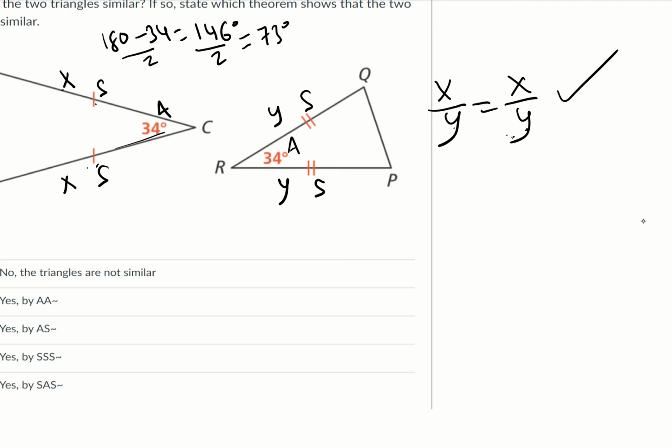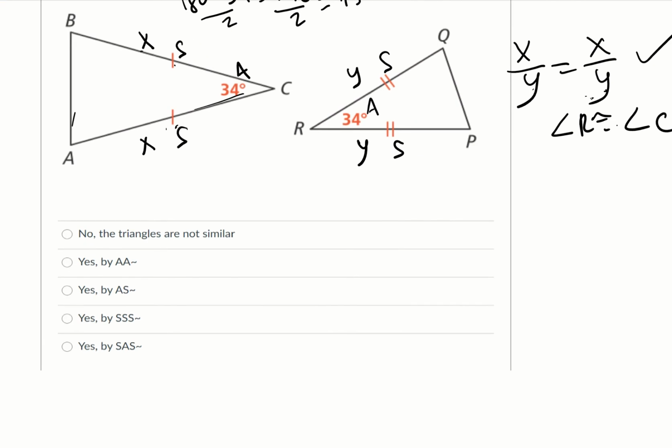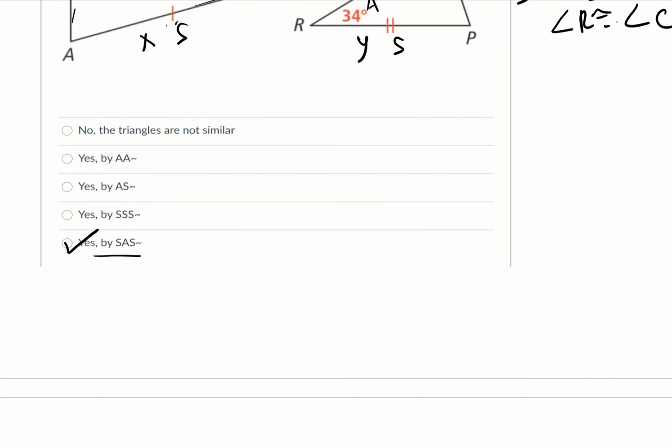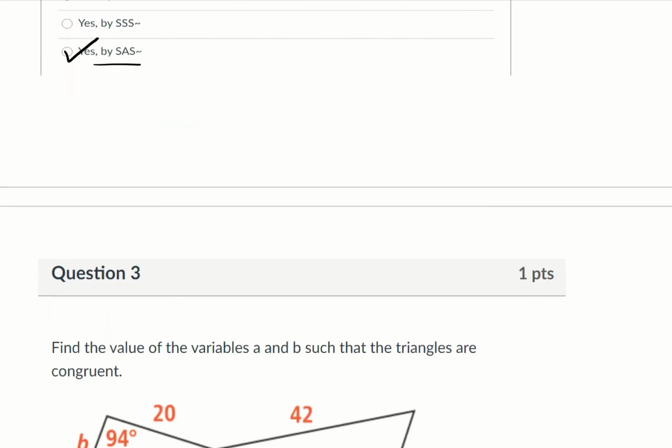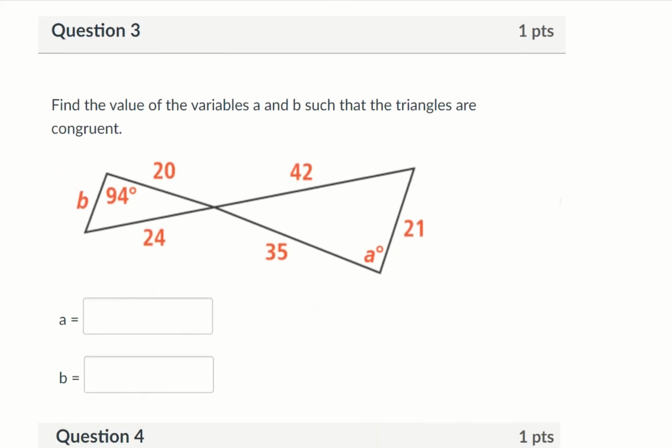And also, we know that the angles are congruent, so angle R is congruent to angle C, and therefore we can say automatically that this is congruent by SAS. Even though I kind of proved that you could use angles to do this as well. But we will choose that because that is the more direct answer to that question.